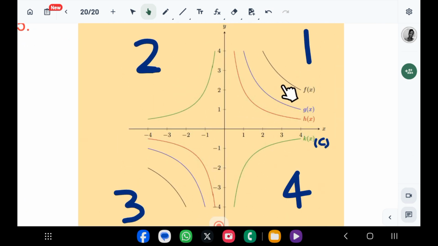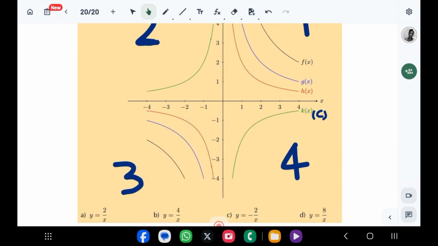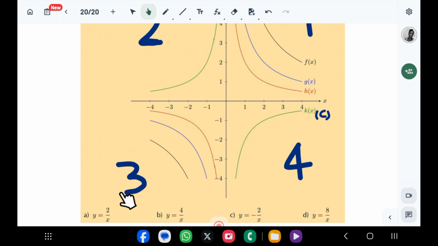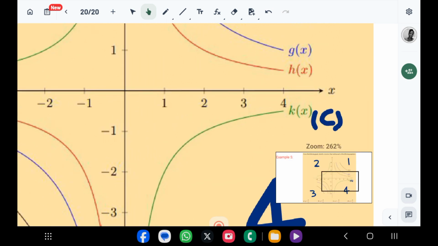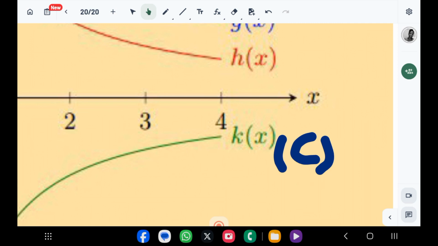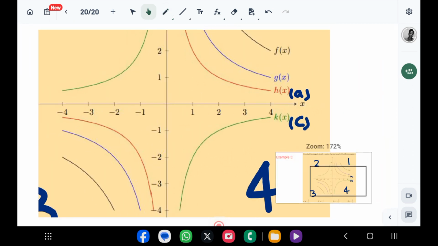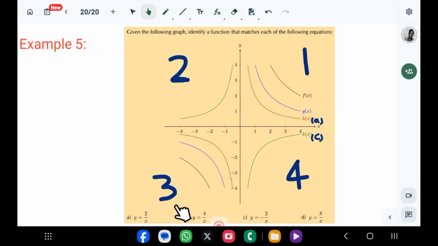Now, these ones will depend on your a. If your a is bigger, then it will be removed further from the axis. So the one with the smallest a, okay, we've got 2, 4, and 8. The one with the smallest a is h of x. So h of x is number A. The next one, g of x, has got 4 as your a.